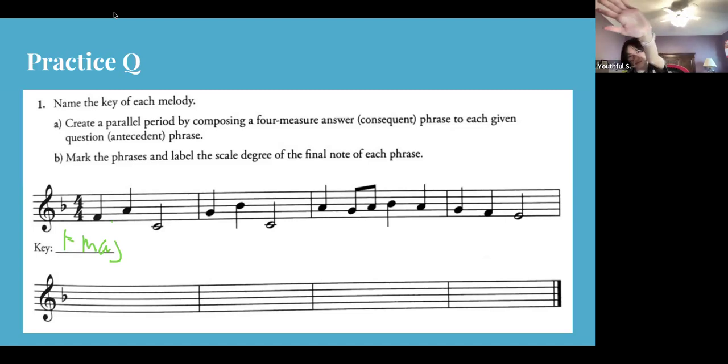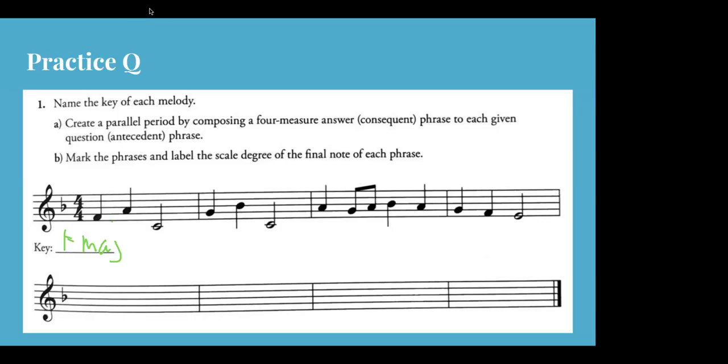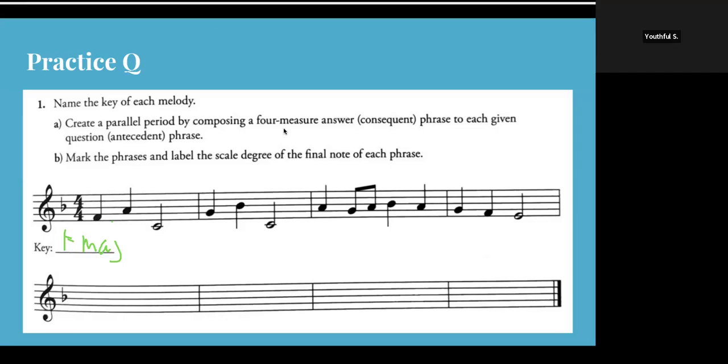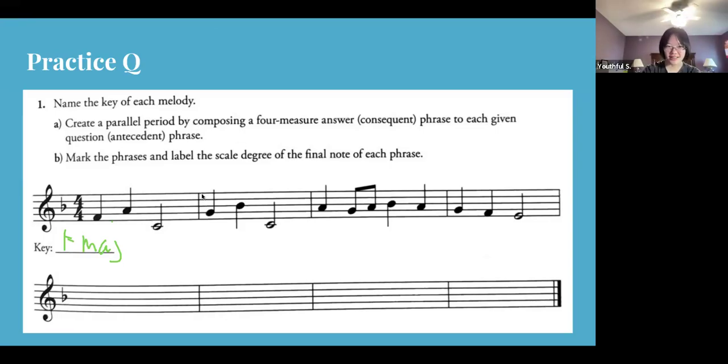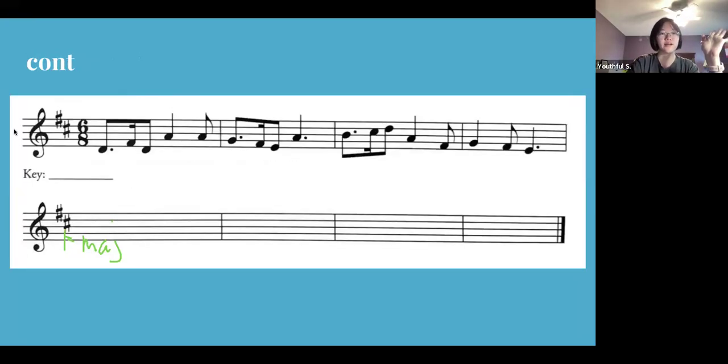Wait a sec, I need to pull my. Okay, okay. Who wants to? I don't know how to. So basically, all you need to do is copy down. Oh, move.